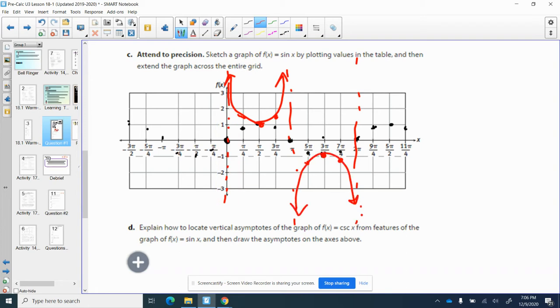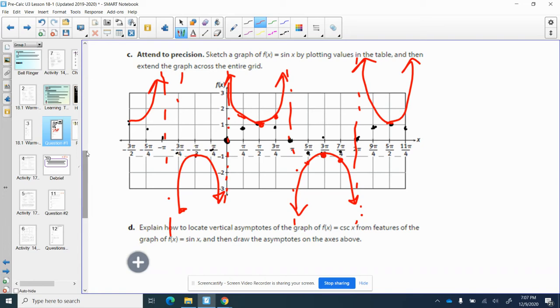So essentially what we are seeing is a bunch of parabolas within our vertical asymptotes, and the vertical asymptotes are basically occurring where our graph is touching 0, or our midline.